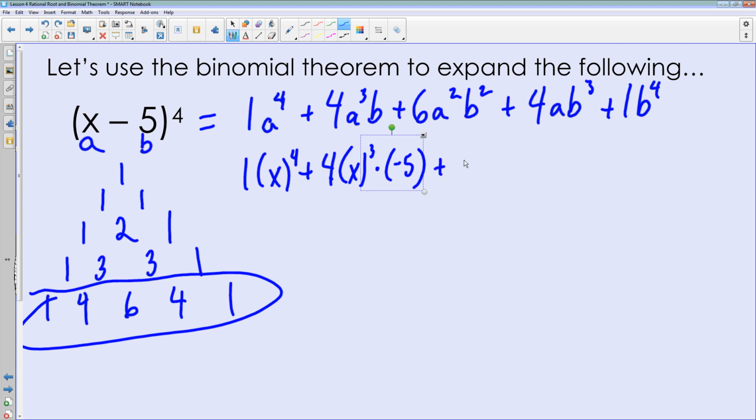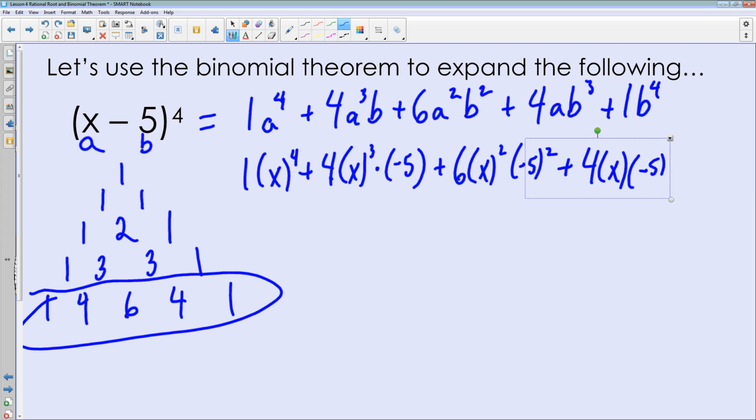And then it's going to be 6x squared, negative 5 squared, and then 4x, and then negative 5 cubed, and then 1 times negative 5 to the 4th. I put everything in parentheses even though I didn't need to, mainly because of the negative 5. So x to the 4th is x to the 4th times 1 is still x to the 4th.